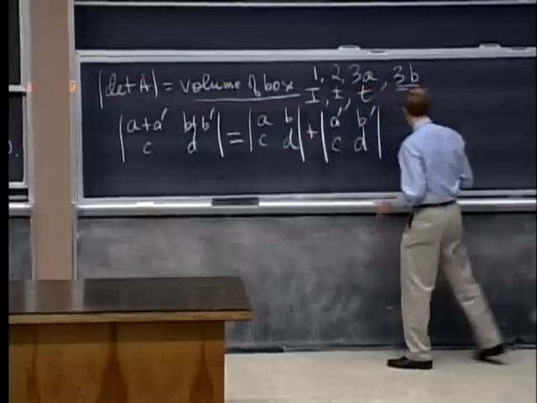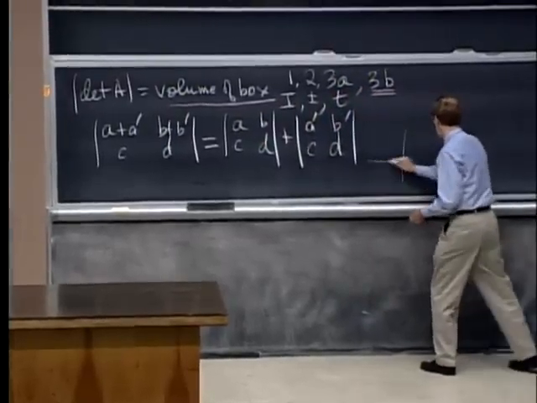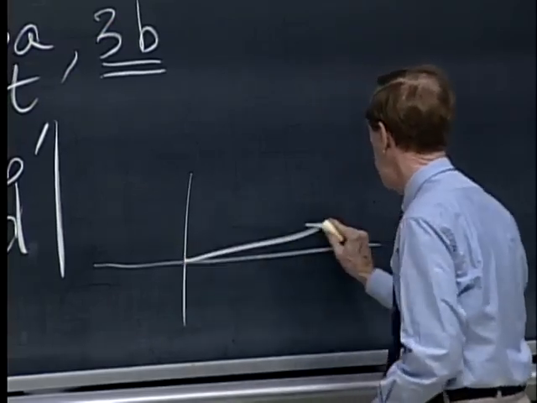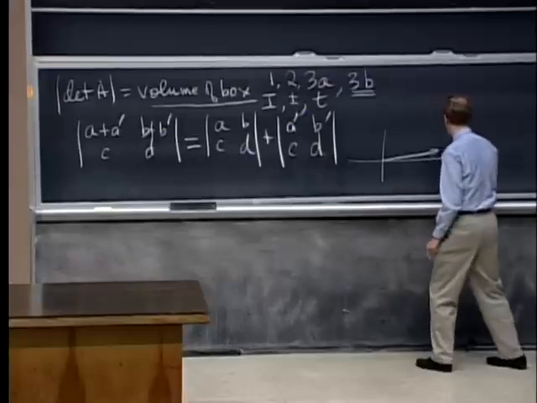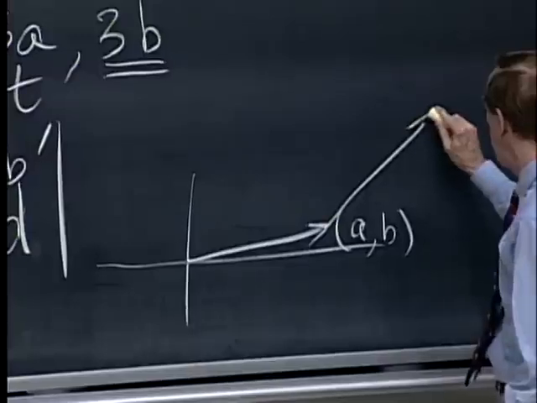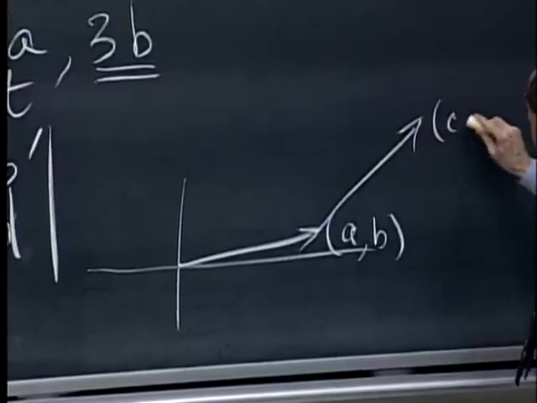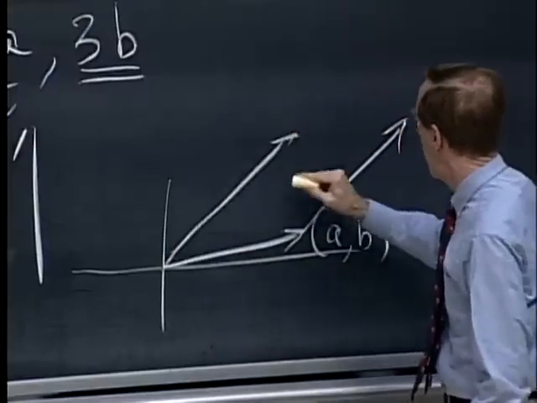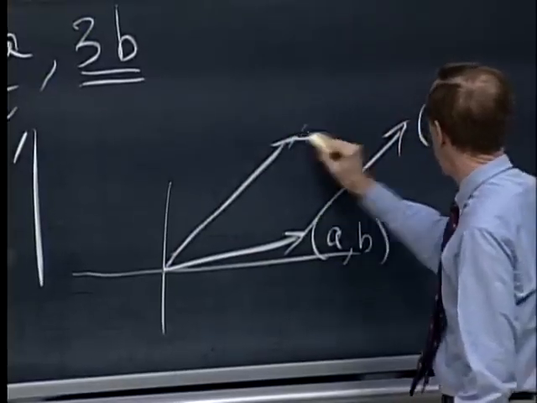The area of this parallelogram, can I just draw it? Okay, here's the parallelogram. I have the row AB. That's the first row. That's the point AB. And I tack on CD, CD coming out of here, and I complete the parallelogram.